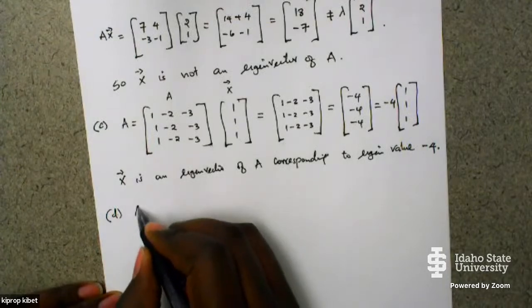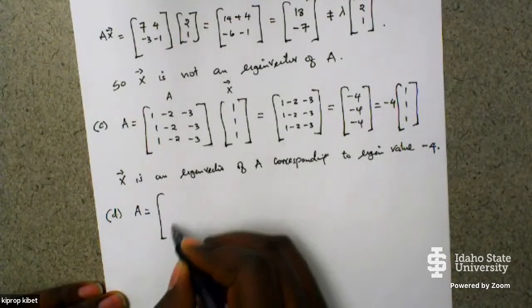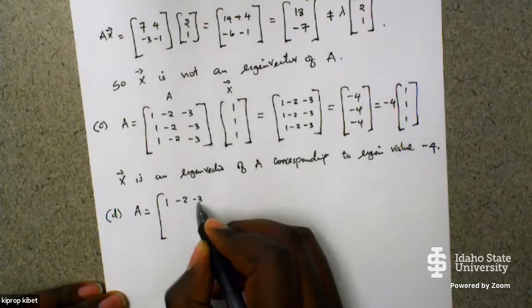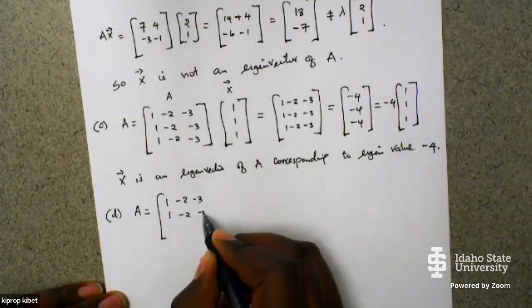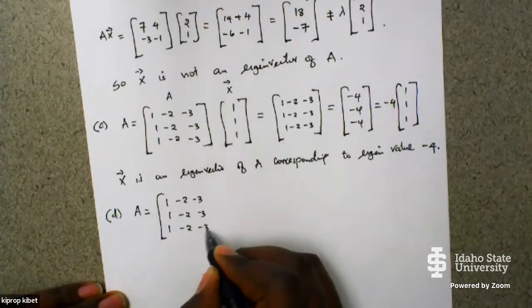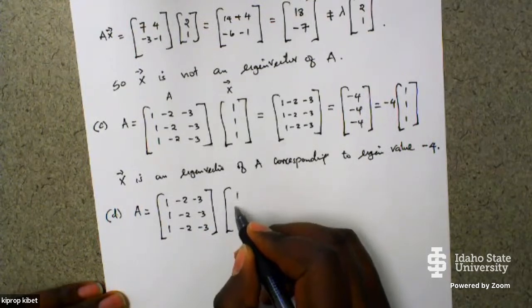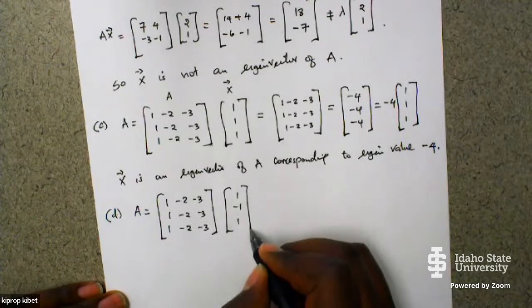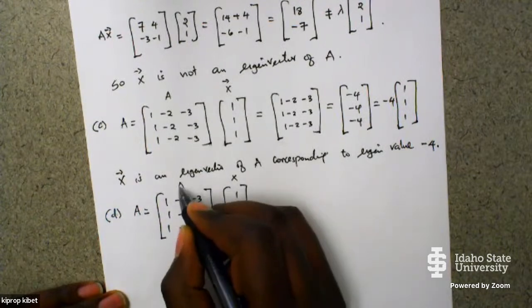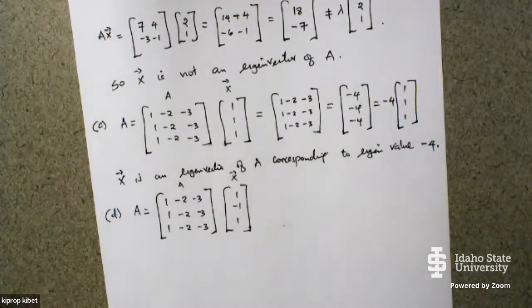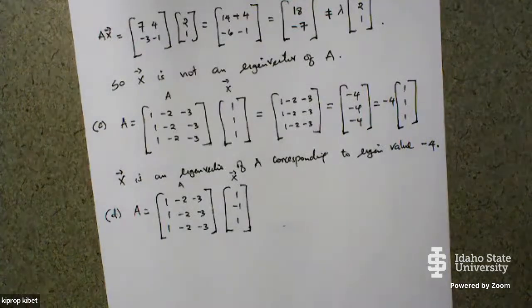Number D. If we have our A to be equal to [1, -2, -3; 1, -2, -3; 1, -2, -3], and then we have our X to be equal to [1; -1; 1]. So let's say this is our X and this is our A. Multiply the two.